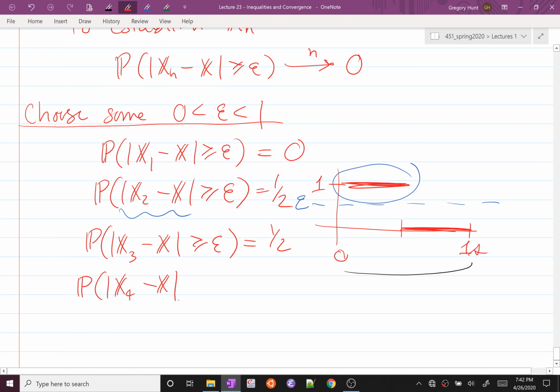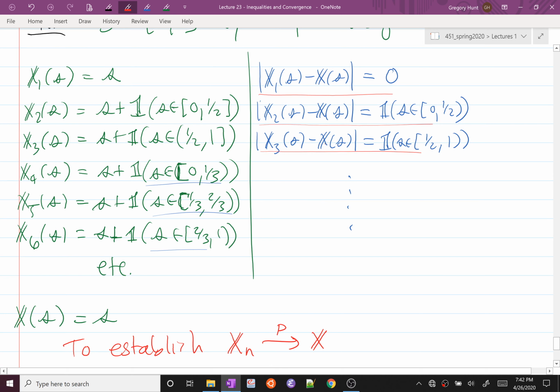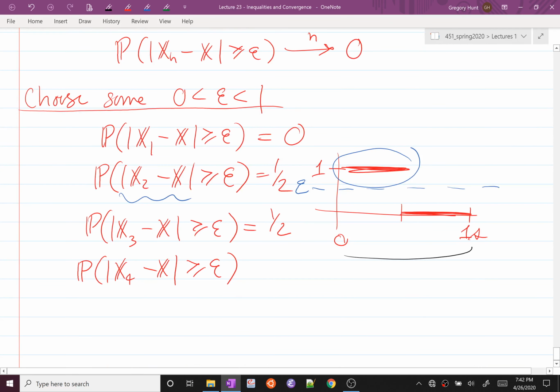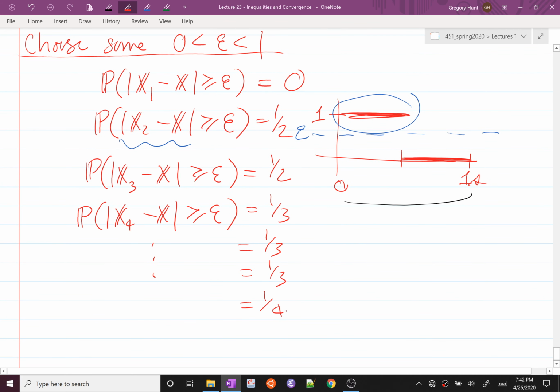If we look at x sub 4 minus x, the probability that's bigger than epsilon, for the same reasons, is just going to be the indicator that s is in the first third. And so the probability will be 1/3. And if you continue on these, you'll get 1/3 a couple times, and then you'll get 1/4.